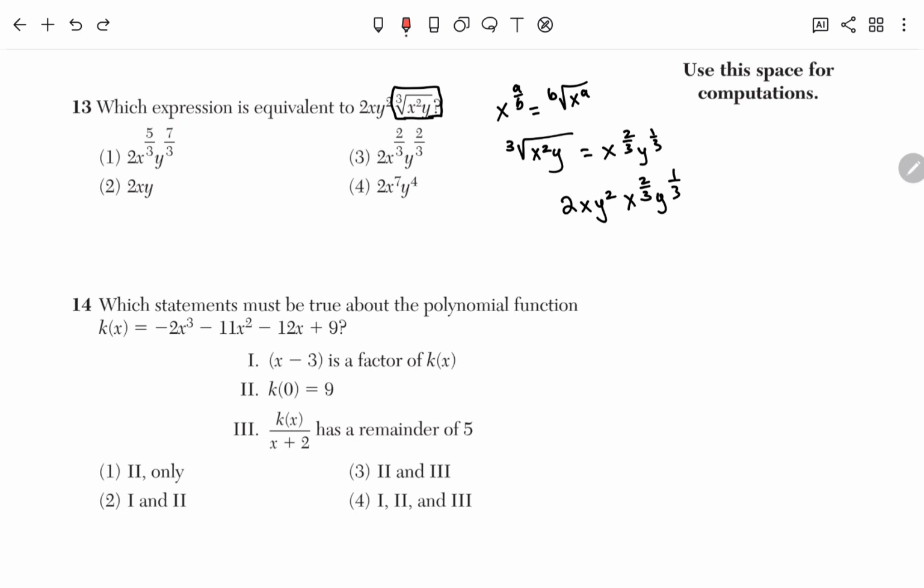So we're going to combine those together by doing x times x to the 2/3, and we have y squared times y to the 1/3. When we multiply exponents with the same base, we add the powers.